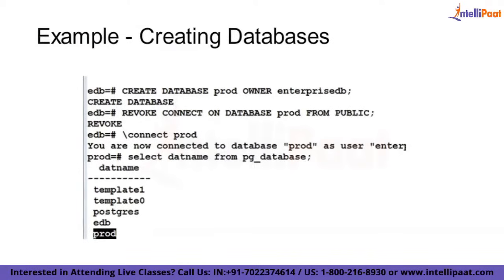Whatever users are in your cluster will get permission to connect to this new database by default. For security purposes, if you don't want to give access, or want to give access to particular users only, you can revoke from public and give the permissions to the specific users only.